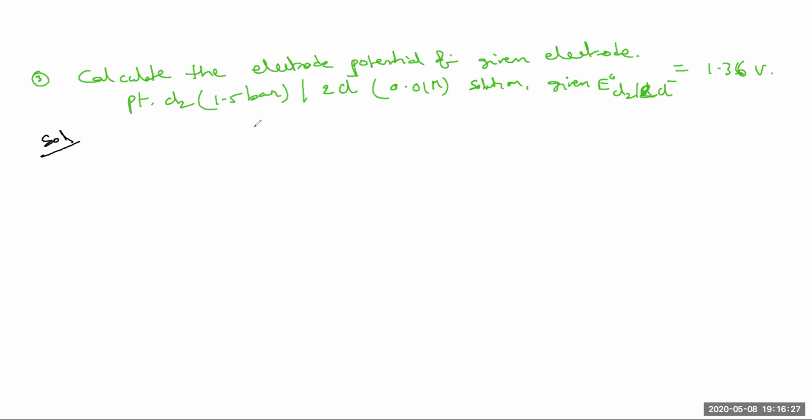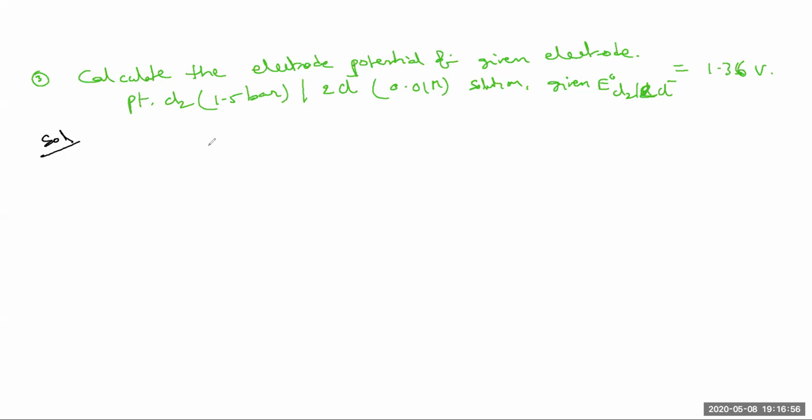Yeah, what is the answer? Yeah, first write the cell reaction.